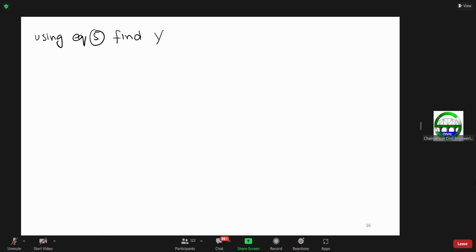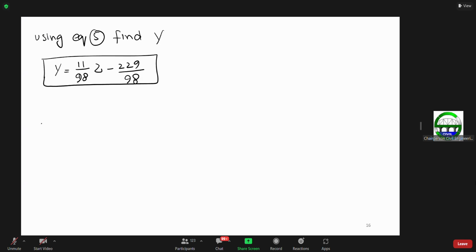So using 5y, y will be equal to 11 by 98 z minus 229 divided by 98. So this is the value of y. Let's say this is equation 7.